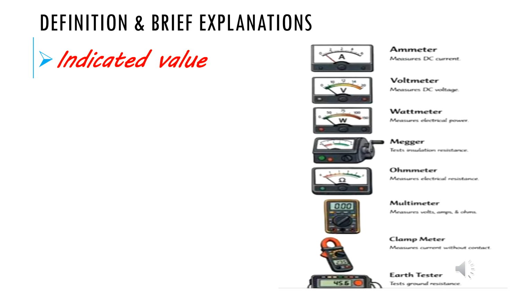The value of 230 volts is the indicated value. It is important to remember that the indicated value may not always be exactly equal to the true value because of measurement errors that can occur during measurements.